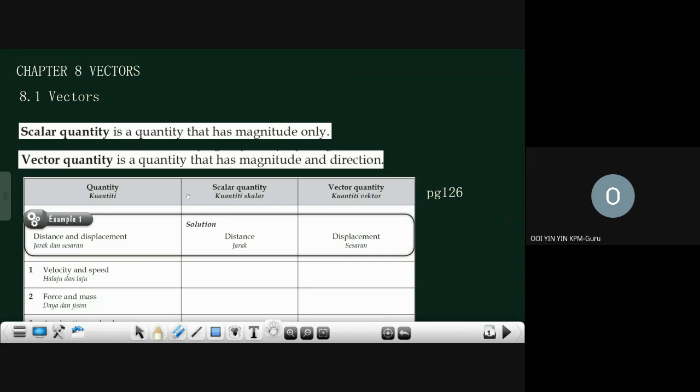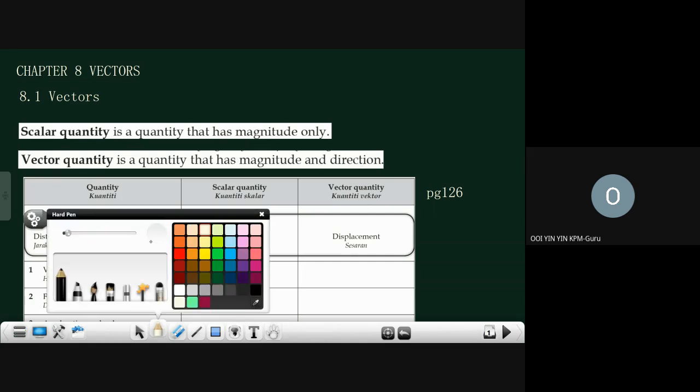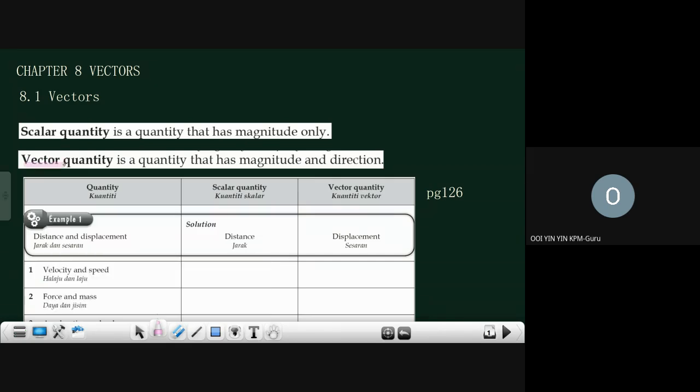And then vector quantity is a quantity that has magnitude and direction. What is different from your scalar quantity is that your vector quantity has magnitude and direction. Direction, dia ada arah, magnitude dan arah.